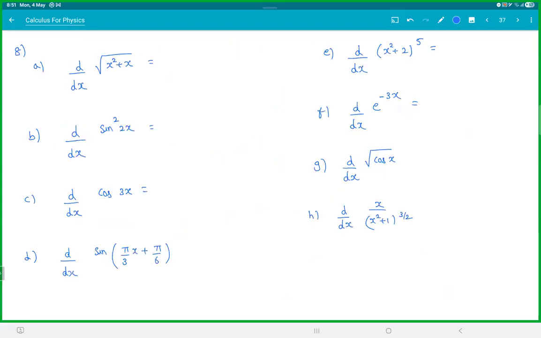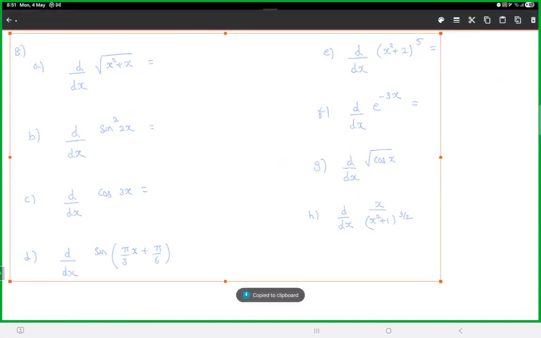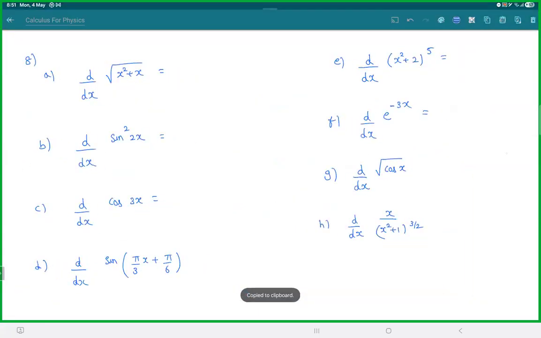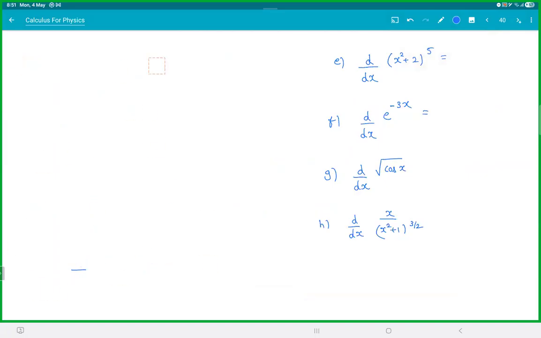The e part, x square plus 2 whole power 5. This is again a function to the power of 5.